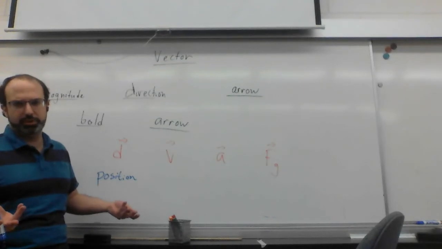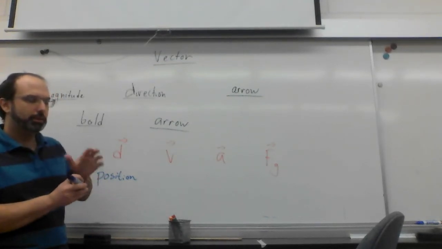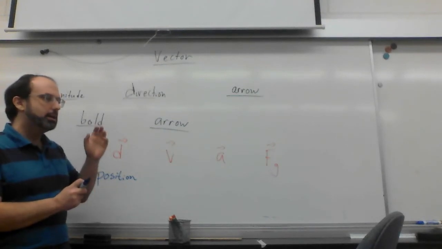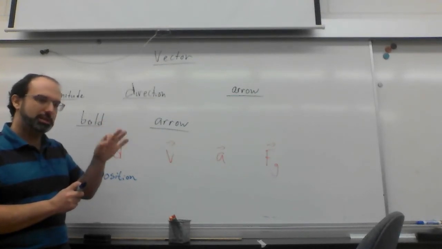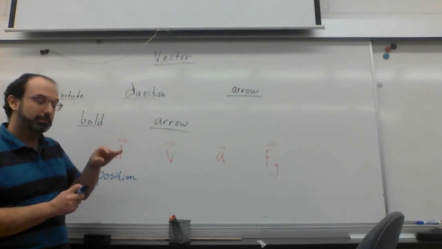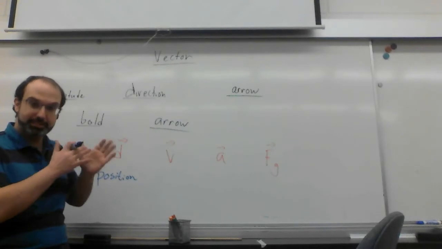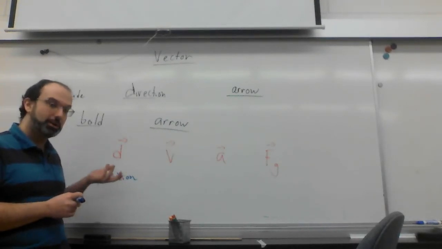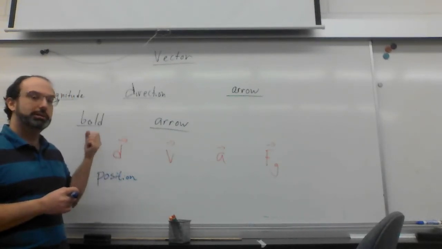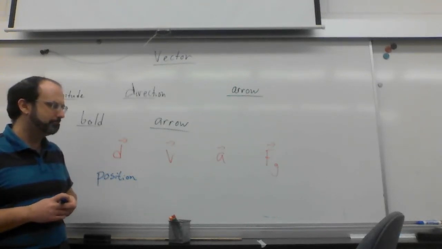P gets used for other things in physics, so they end up with D. The other reason is because, a little bit of a hint to help you guys, displacement, position, my bad, we'll get to displacement later. Position and distance are connected. They're very similar, so they both use the same letter, but one of them has an arrow and one of them doesn't, to try and make it easier. You don't have to memorize as many things.